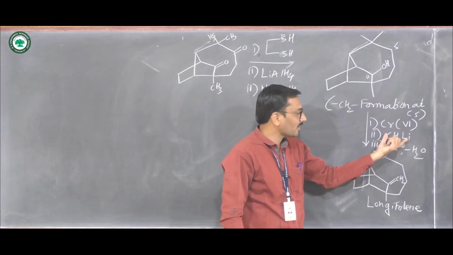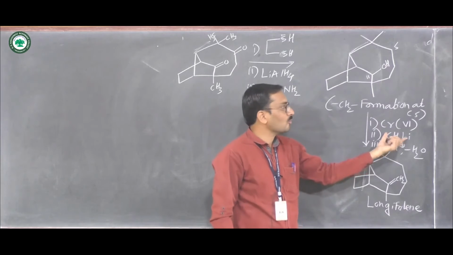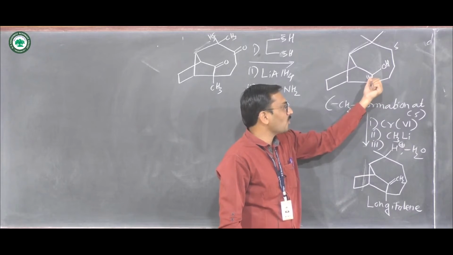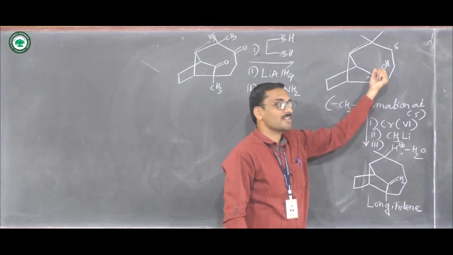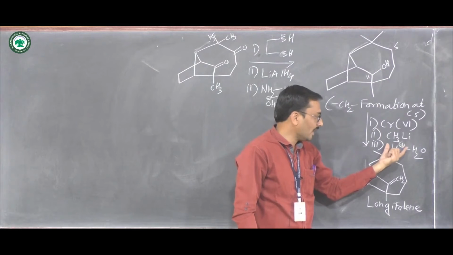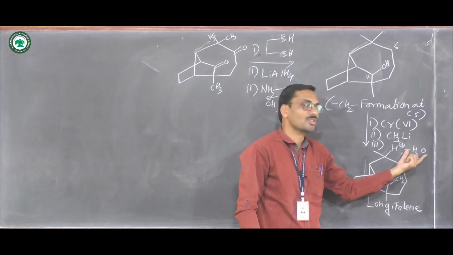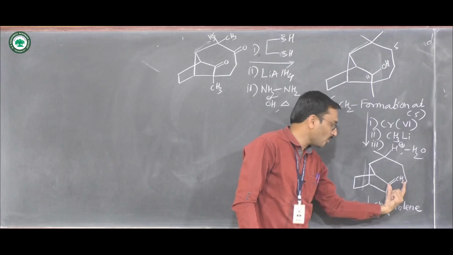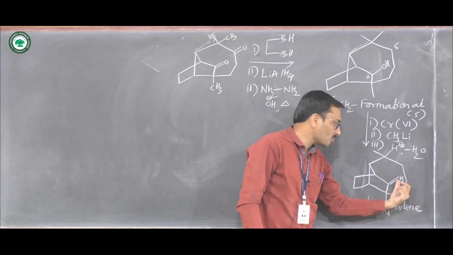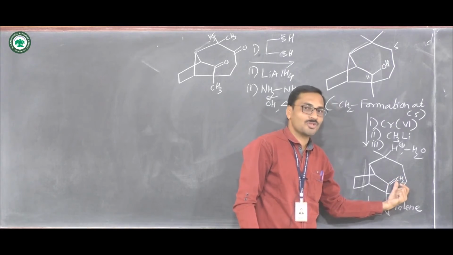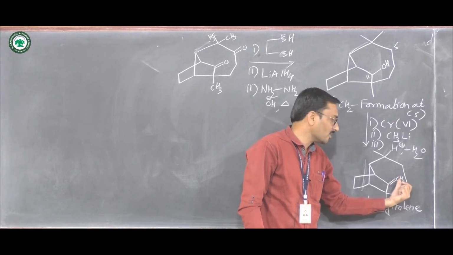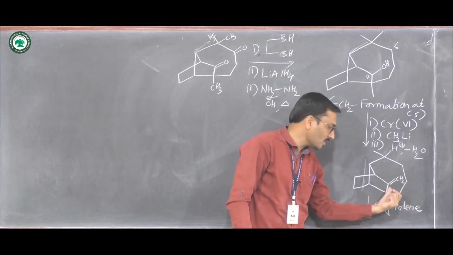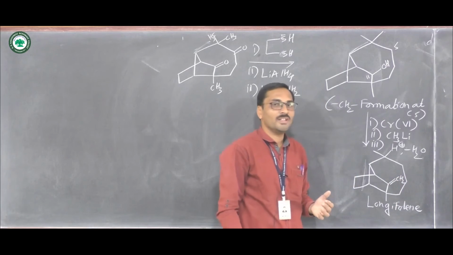That nucleophilic reagent reacts with the carbonyl group at C11. There is formation of OH and CH3. In the last step we use H+. So there is loss of a water molecule and there is formation of a CH2 group at this particular position, that is C15 CH2 group formation. So this is the synthesis of Longifoline molecule.